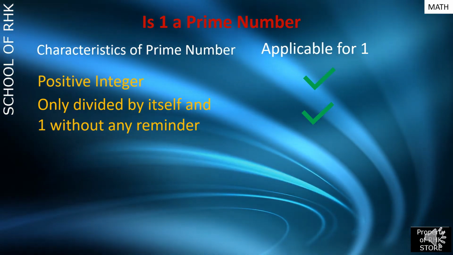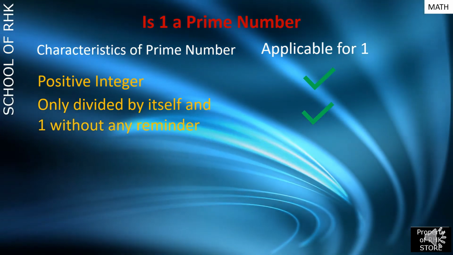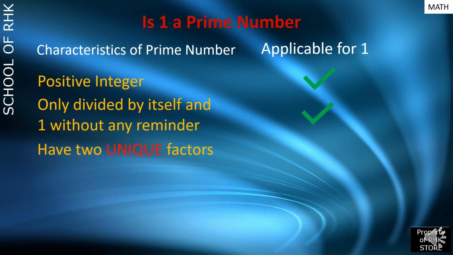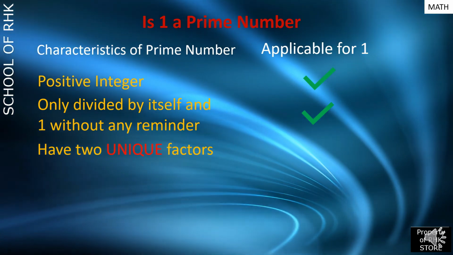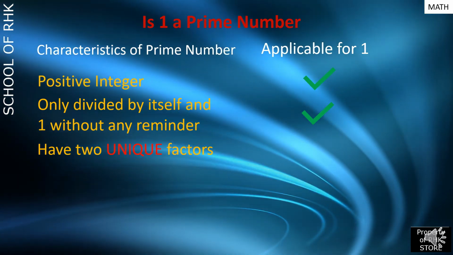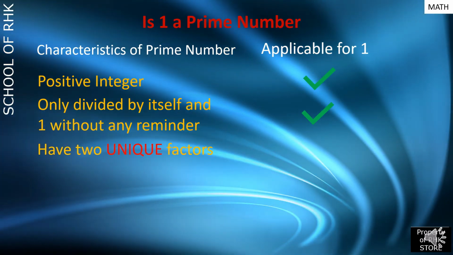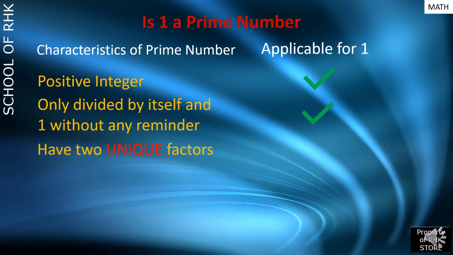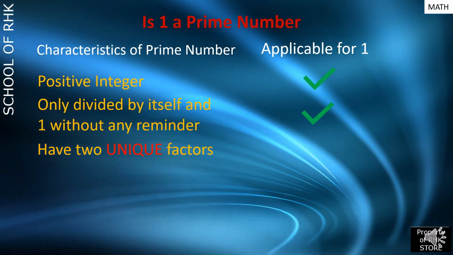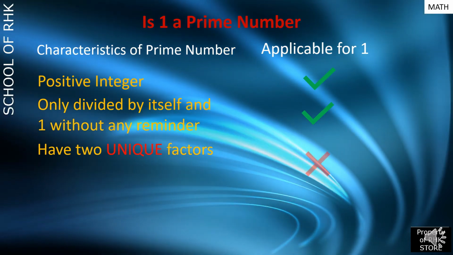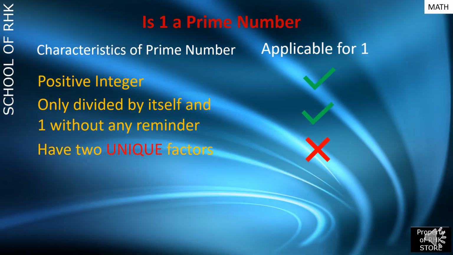The third characteristic of a prime number is that it has two unique factors, which are the number itself and 1. But in case of 1, it can be divided by only one number, and that is 1 itself.